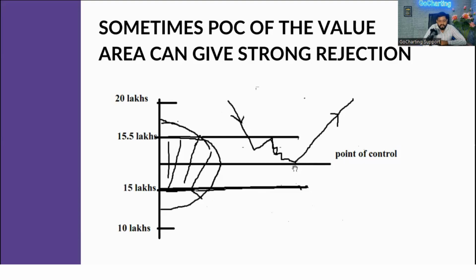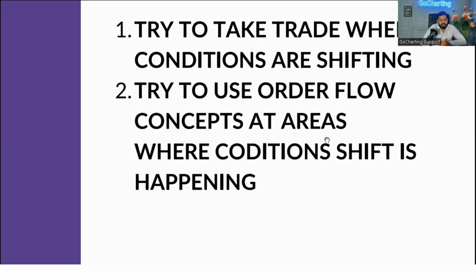If you get a rejection, you quickly get out of the trade or book at least some profit, and then the other part, let it run. So if it is going to value area low, let it go. But if it is reverting, at least you have booked some profit, and then you are exiting at cost basis.